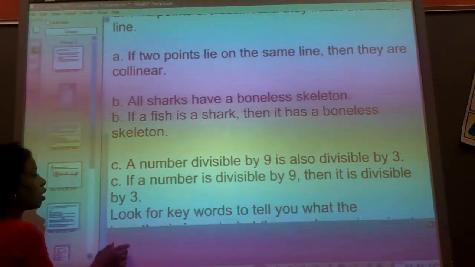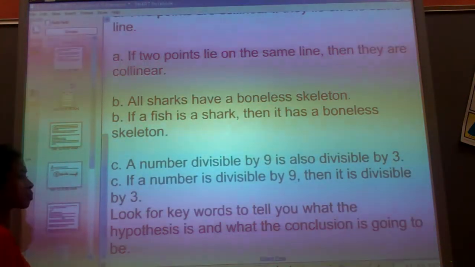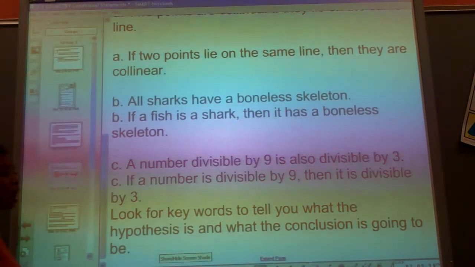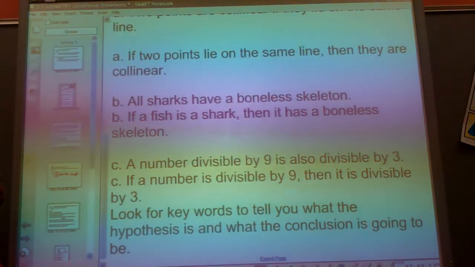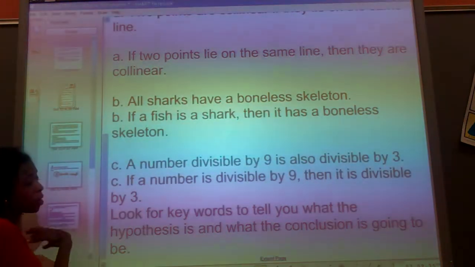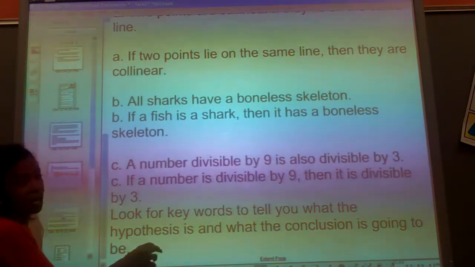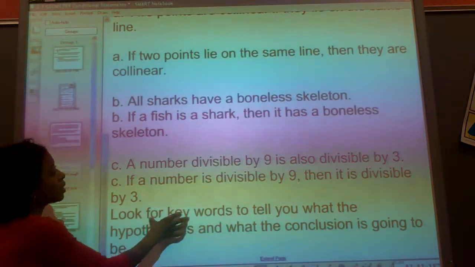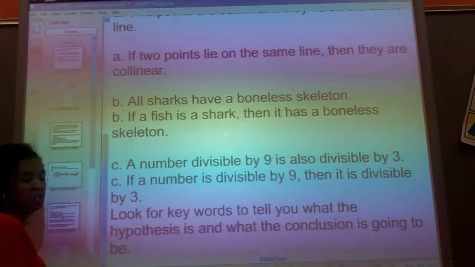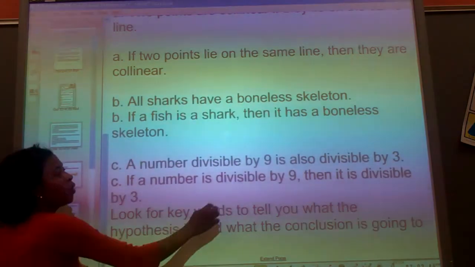Now, here's the thing. You want to make sure you look for key words to tell you what the hypothesis is and what the conclusion is going to be. If is a dead giveaway that that's going to be your hypothesis, the then your conclusion. And in some cases, like in C, you have to be careful and make sure you know what's going to be true and what's going to be false.